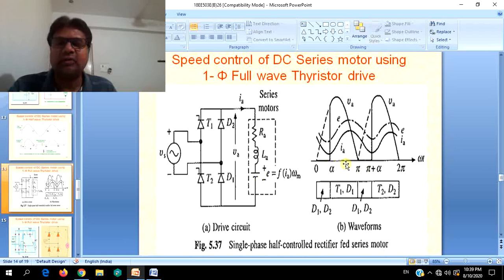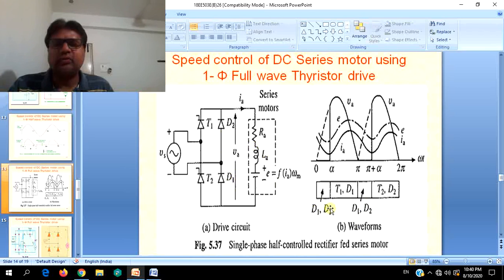From alpha to pi, this is the conduction time during which T1 and D1 will be conducting, whereas between pi to pi plus alpha and 0 to alpha, this is the time where the inductive energy will be freewheeled.